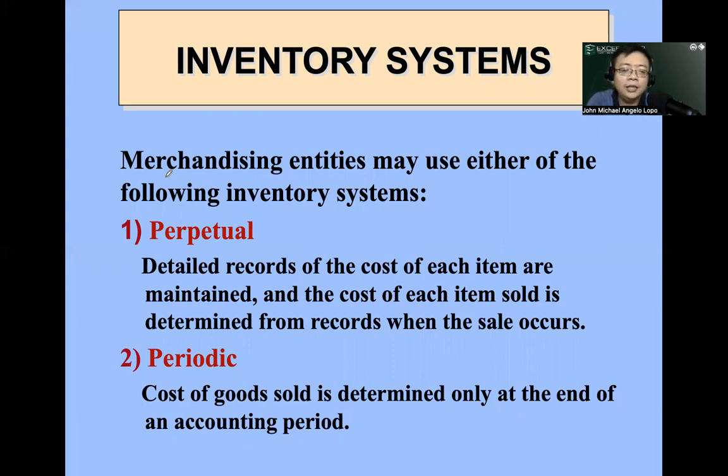In the periodic inventory system, cost of goods sold is determined only at the end of the accounting period, because you are required to conduct a physical inventory count. In terms of your inventory, it is debited to purchases, purchase allowances and purchase discounts. That is the difference between the perpetual and the periodic inventory system.